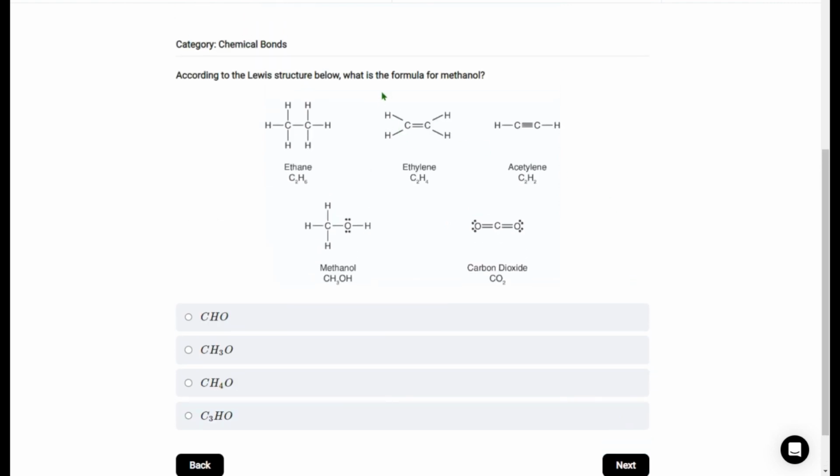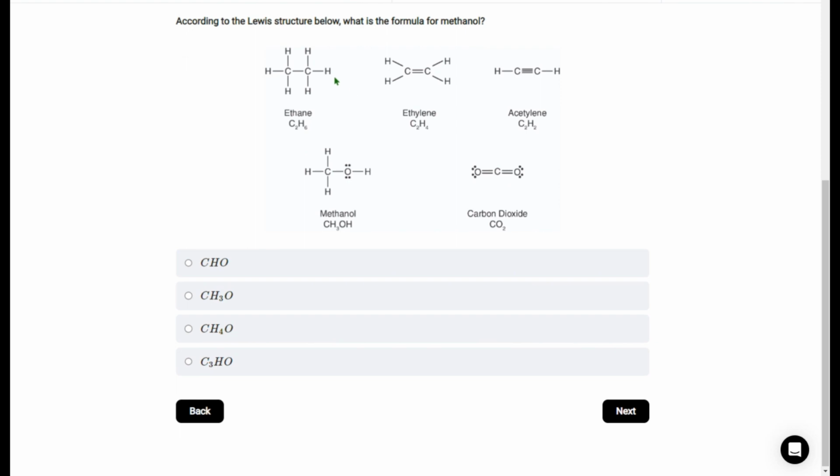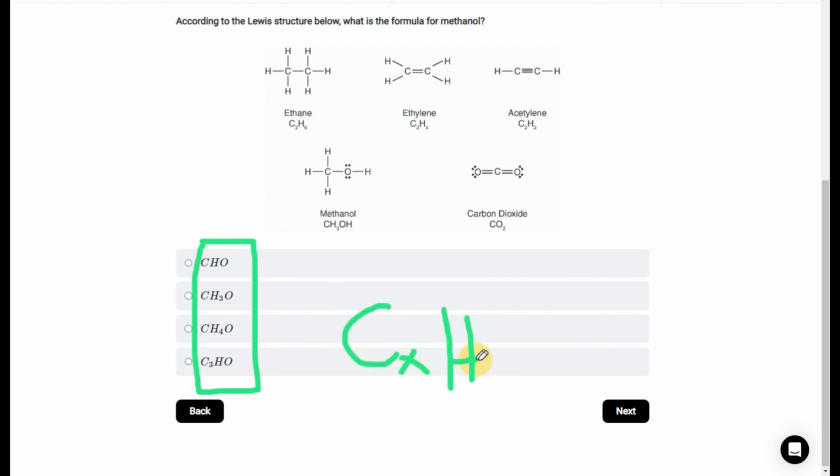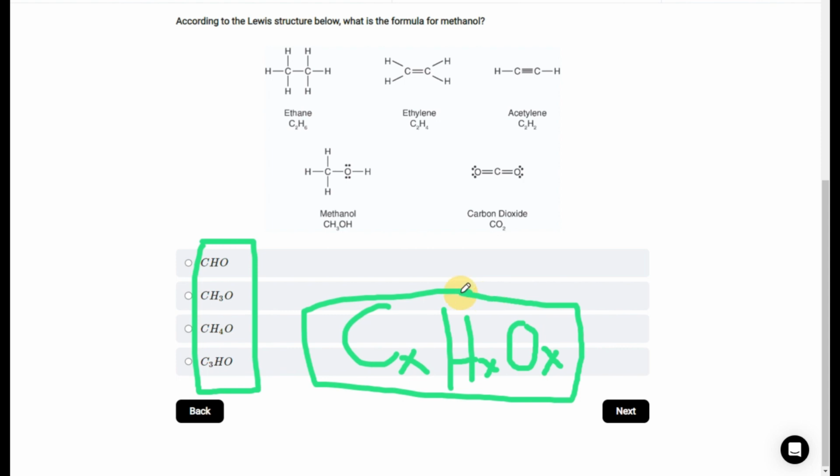According to the Lewis structure below, what is the formula for methanol? Given a full Lewis structure, we can really just add up the number of elements. In most carbon, hydrogen, oxygen species, such as glucose, C6H12O6, we really like to give the format of C, X, H, X, O, X. It's standard, and it lets us know how many of each element are in it in a way that anyone can understand.